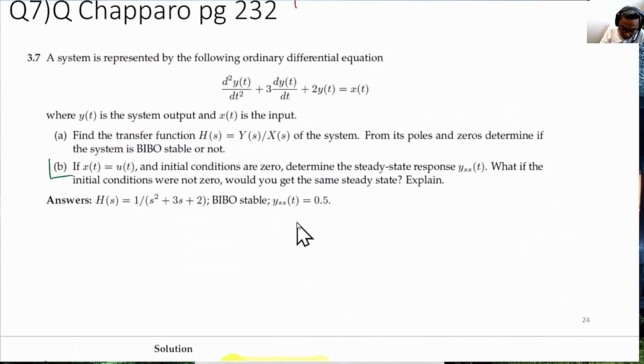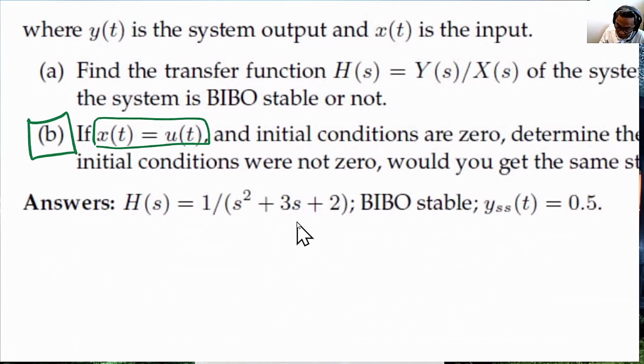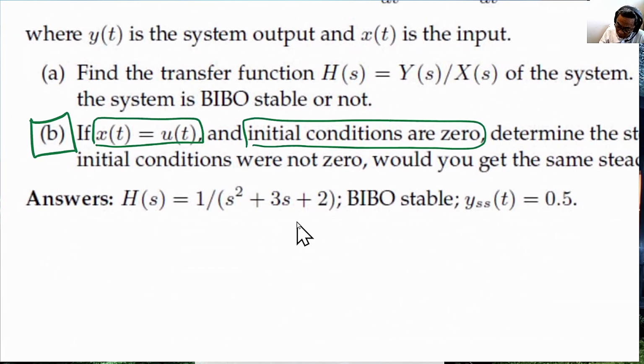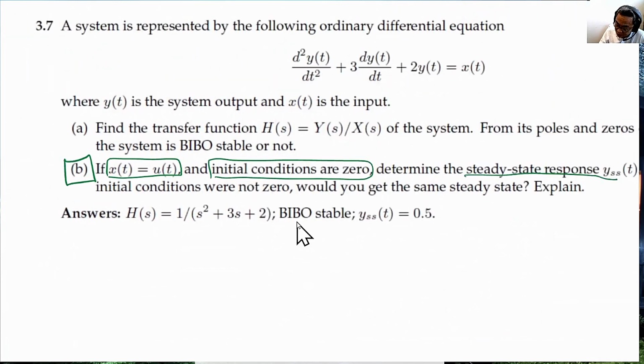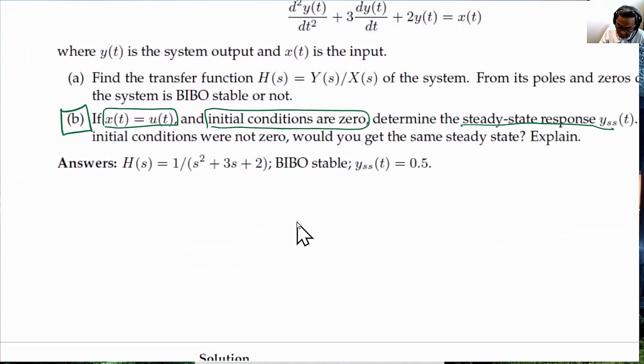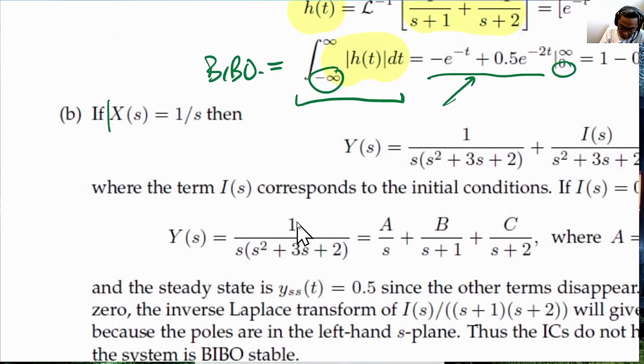We now focus on part B of the question. The input is unit step. The initial conditions are 0, and we want to determine only the steady state response y_ss. So let's try. When input is unit step, the Laplace transform of unit step is 1 over s.